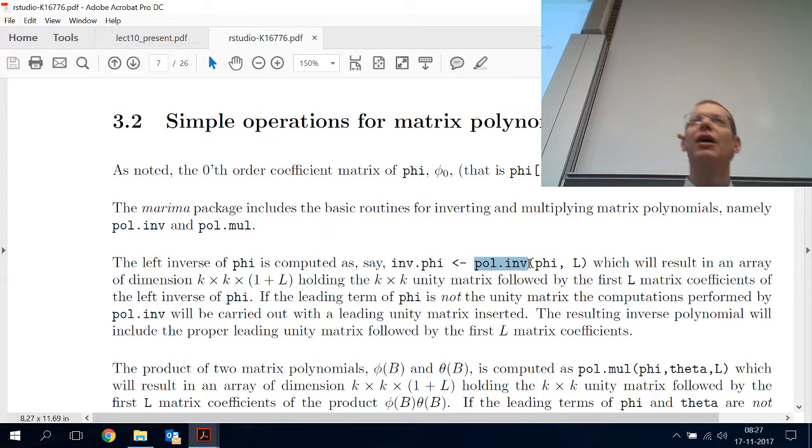And as said, it is an infinite polynomial you get out in general. So for numerical purposes, you have to specify how many lags you want to maintain in that infinite polynomial. So that you have to keep in mind.